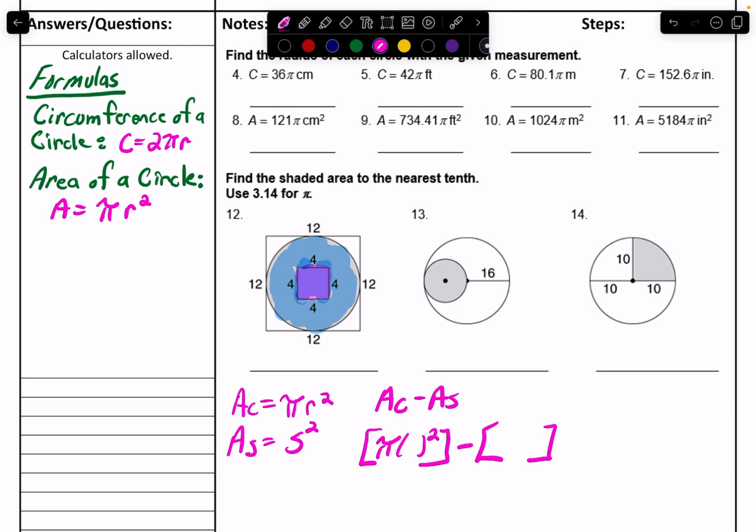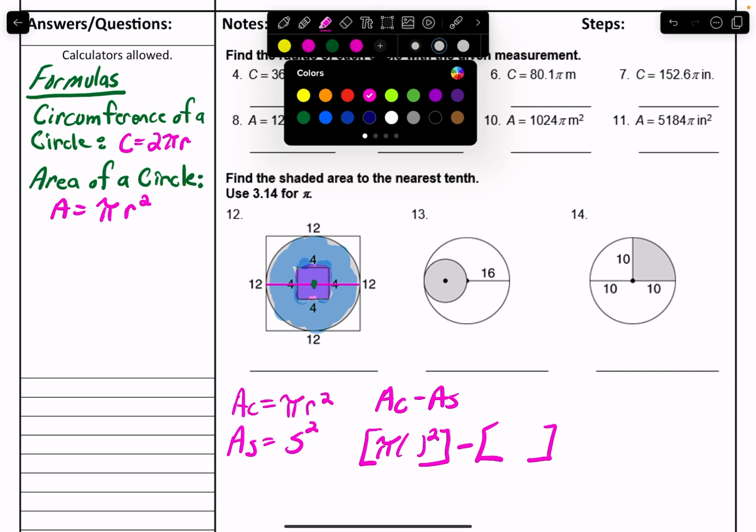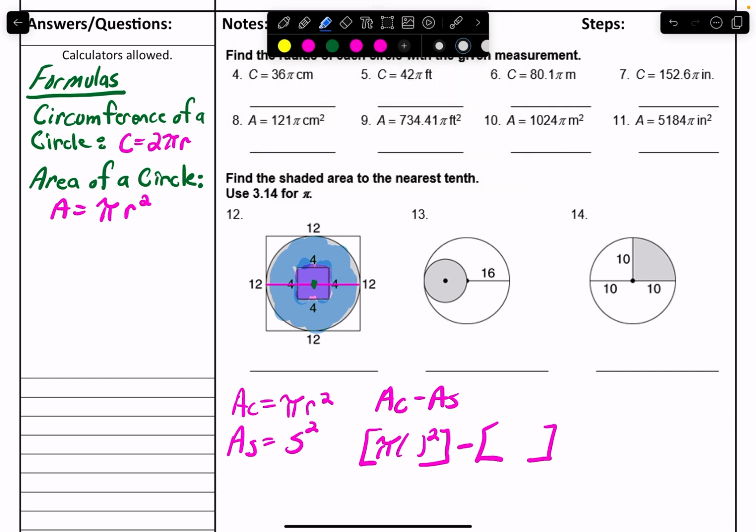r squared. What is r? Well, we know if you have a circle, all the way across here is 12. We don't want to know all the way. That's diameter. We only want to know how far it is to the center, which is halfway. If it's 12 all the way over there, then halfway is going to be 6.